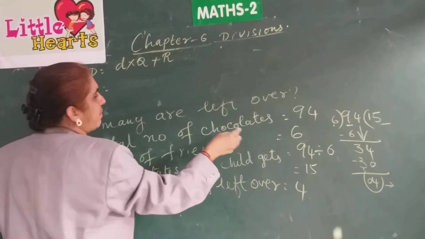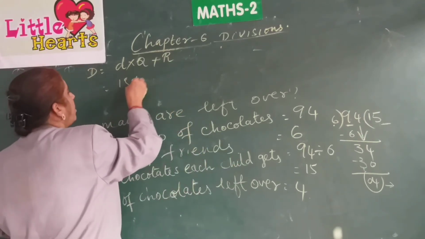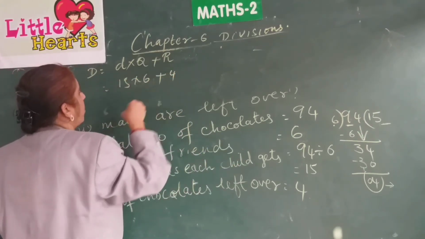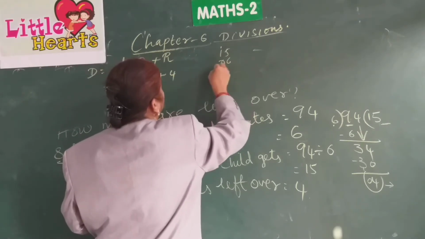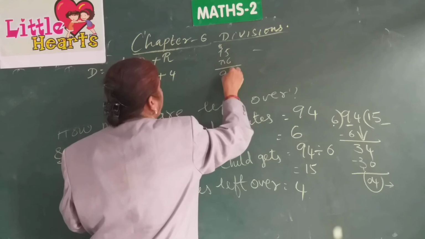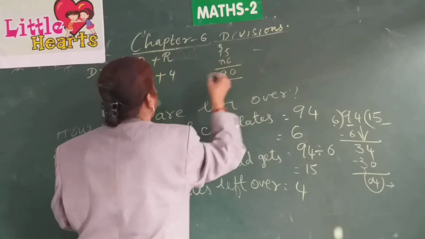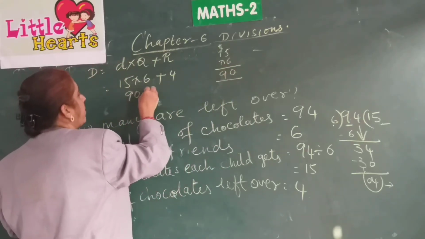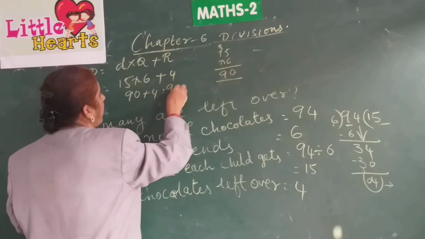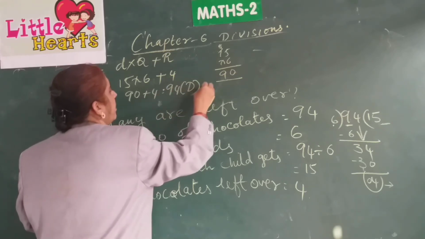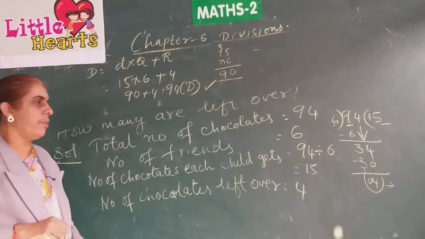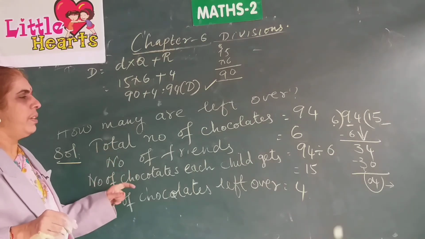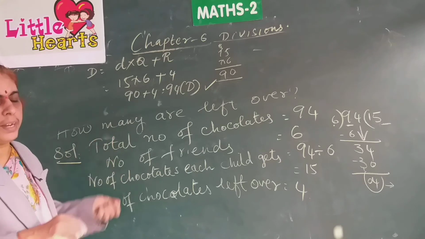Here divisor is 15, quotient is 6, remainder is 4. 15 into 6: 6 5s are 30, 6 1s are 6 plus 3, 9. 90 plus 4, that is equal to 94, our division. So our division is verified. So in this way you can carry out a word problem in division and you can verify it.